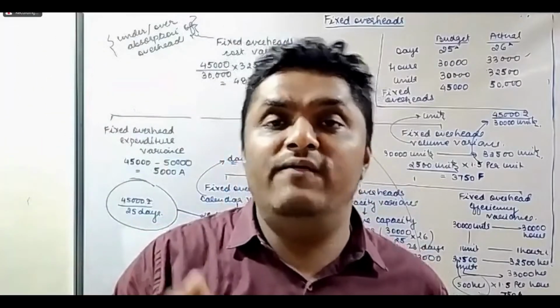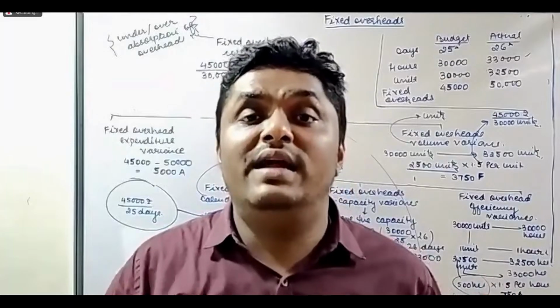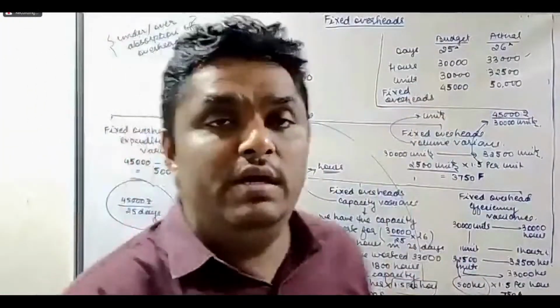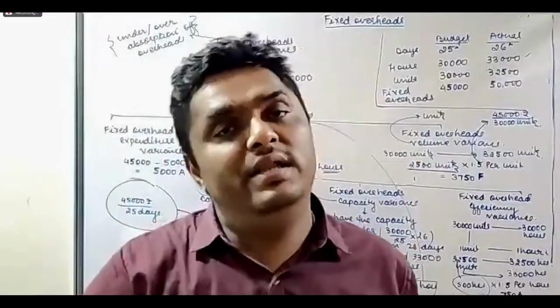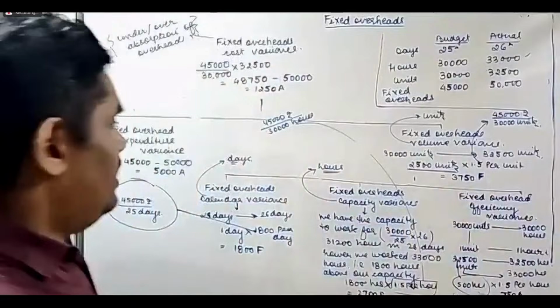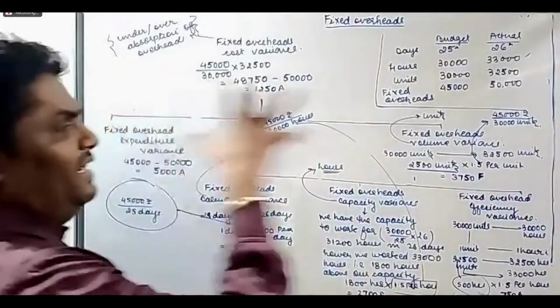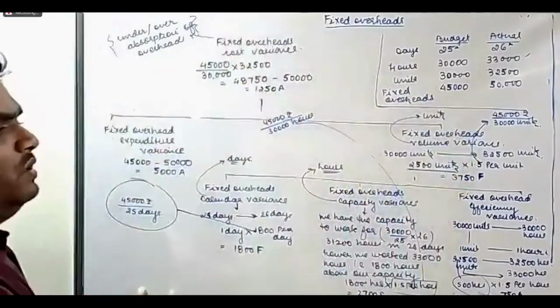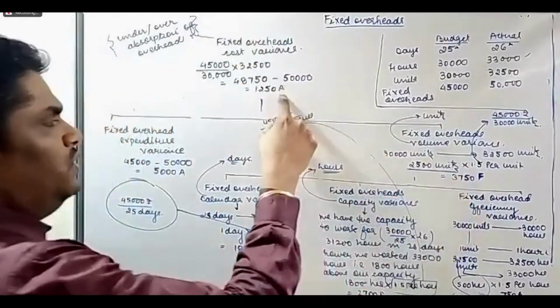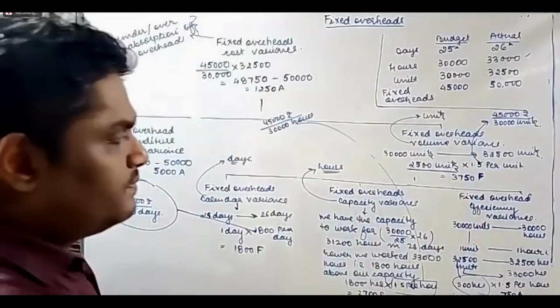Since we have units, we will take the rate per unit. So 45,000 divided by 30,000 units gives the rate per unit, that is 1.5. So 3,750 favorable. Now see guys, expenditure plus volume will be my cost. So 5,000 adverse, 3,750 favorable, so 1,250 adverse.